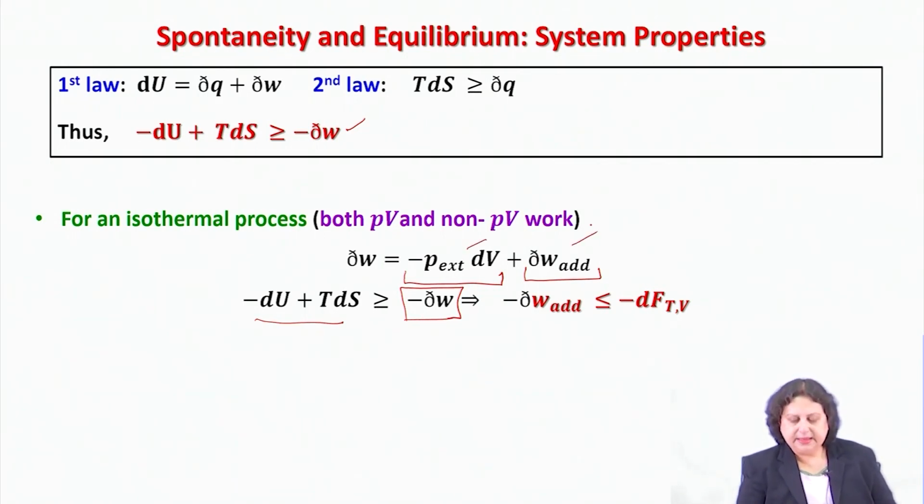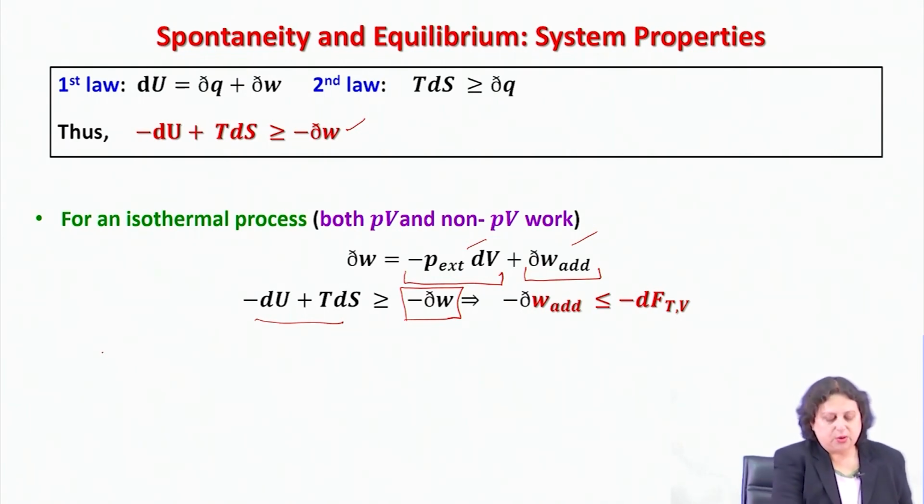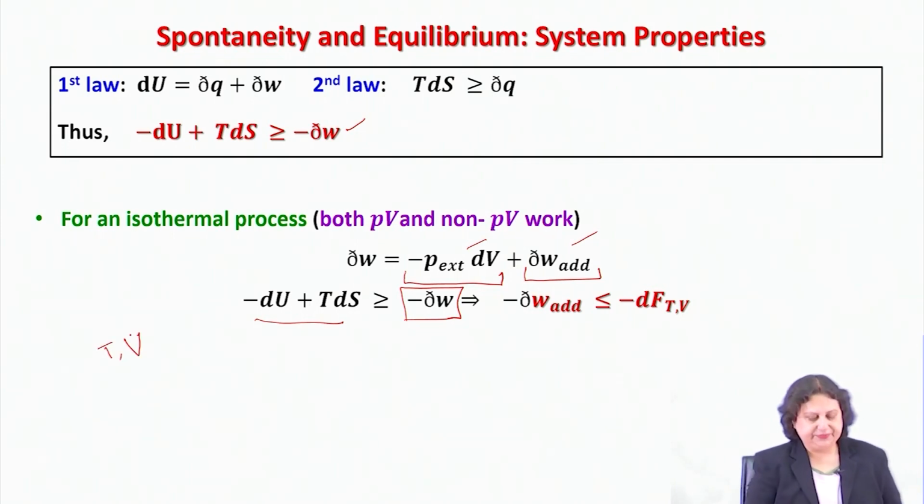And then I understand that under isothermal condition, this relationship can be written as minus d of U minus TS as before.